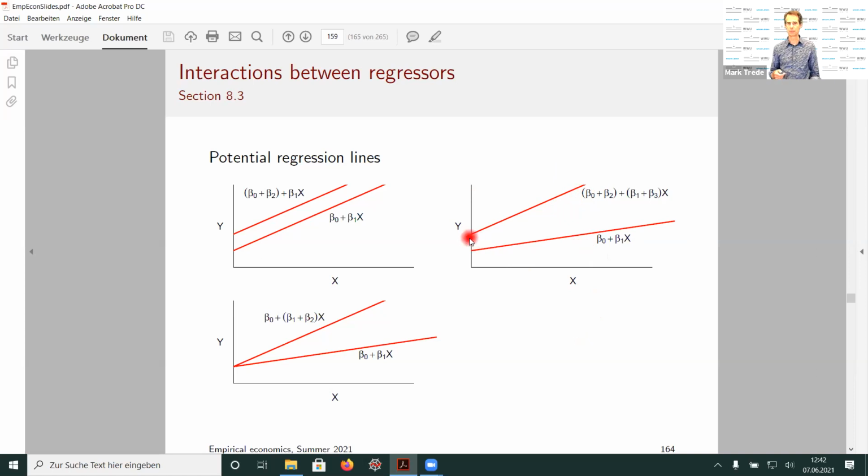One might have a high intercept term, the other a low intercept term, like here. But it could be anything. Okay? And here we have the case that we have seen on the previous slide, two really separate regression equations. Or we might have the case where the intercept is the same, but the slope coefficients differ.